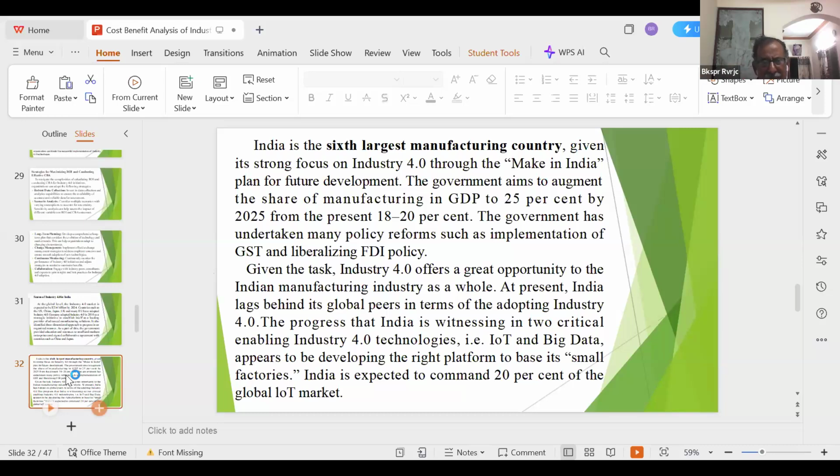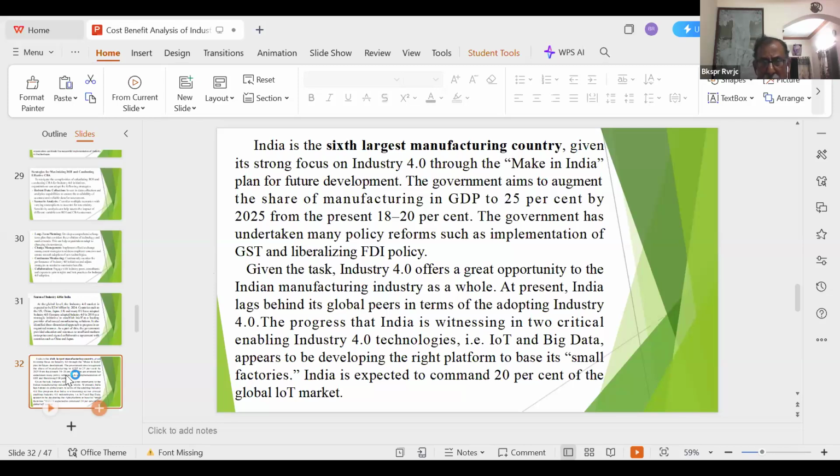At present, India lags behind its global peers in terms of the adoption of Industry 4.0. The progress that India is witnessing in two critical enabling Industry 4.0 technologies, that is IoT and big data, appears to be developing the right platform to base its smart factories.